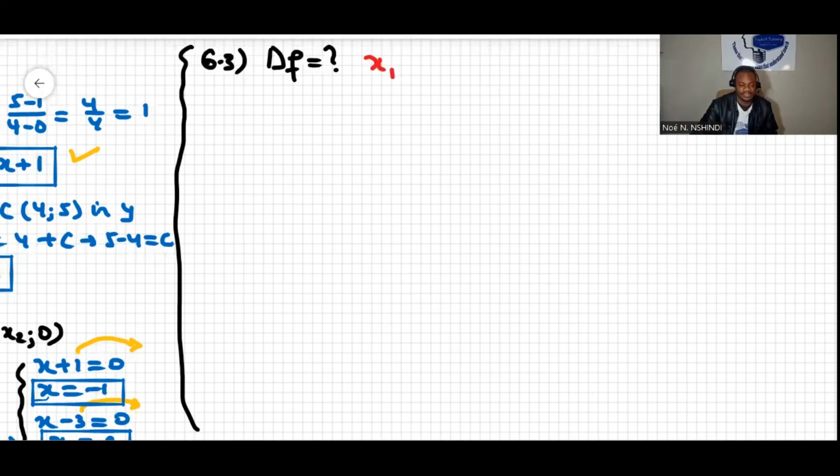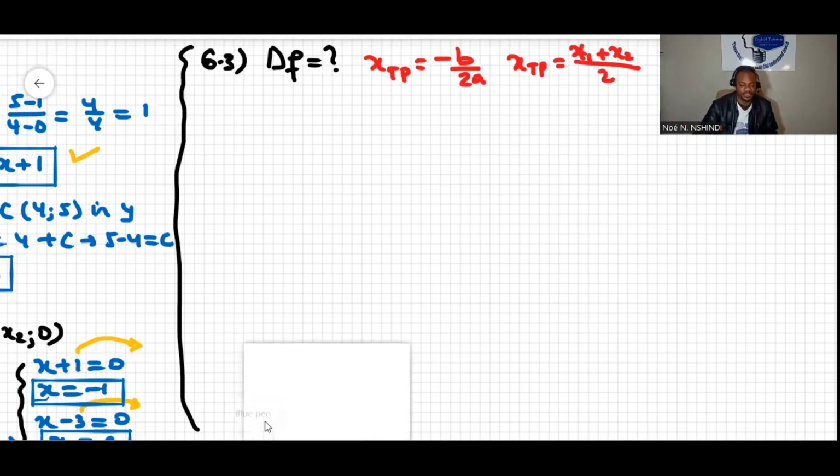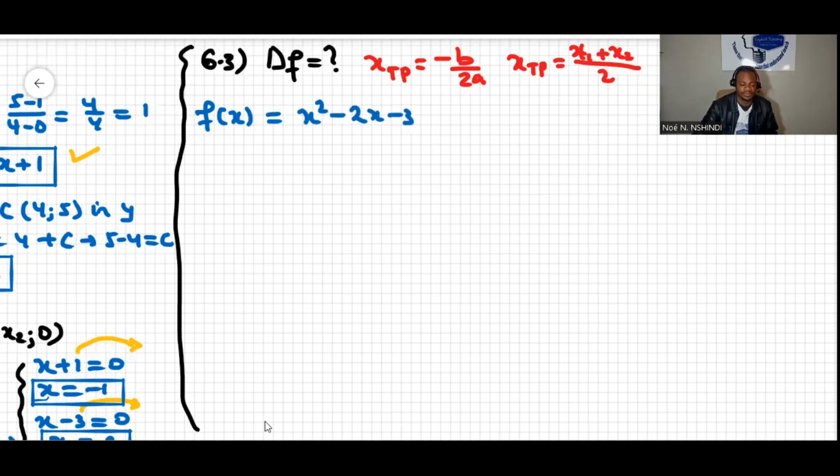So the x turning point can be calculated by doing minus b over 2a, or also x of the turning point can be x1 plus x2, all over 2, the average of the intercepts, the midpoint between the intercepts. Because f of x is given by x squared minus 2x minus 3, if I use the first formula, x at the turning point will be minus b over 2a.